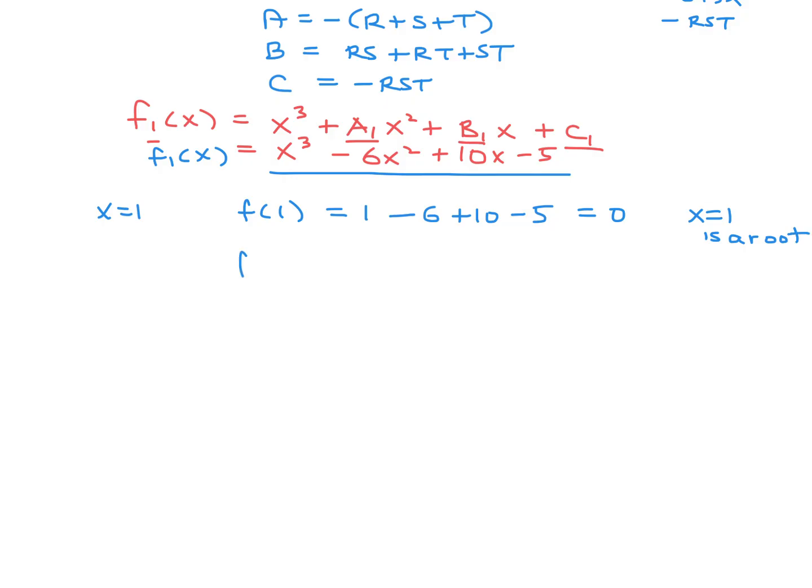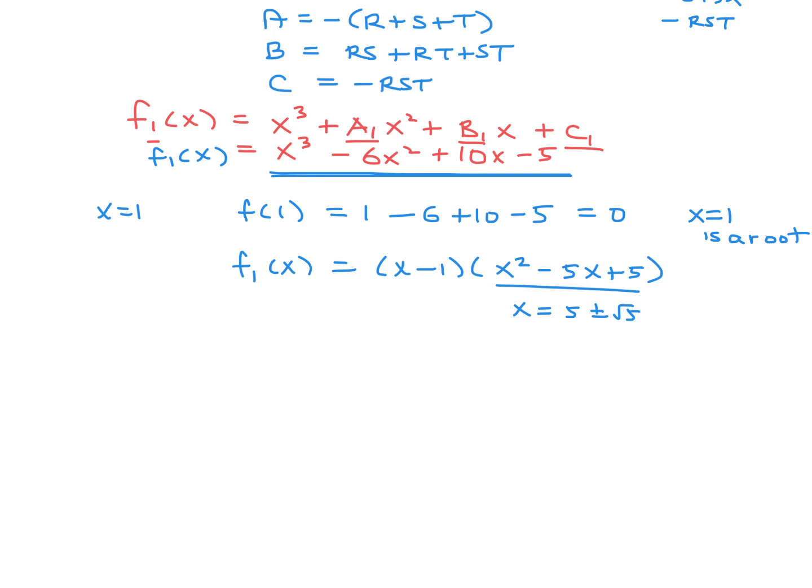And then I guess f at 1 of x, we can factor it as x minus 1, and then if we use long division, you can factor that and get the remaining part as x squared minus 5x plus 5. And then use the quadratic formula, and when that's set to 0, x will be equal to 5 plus or minus root 5 over 2.